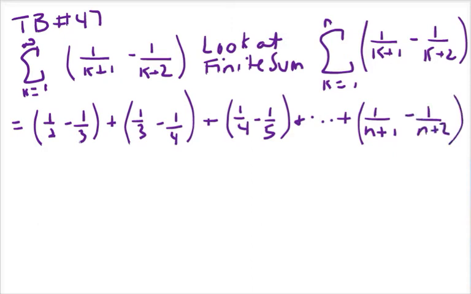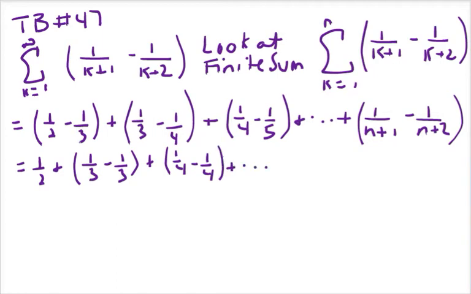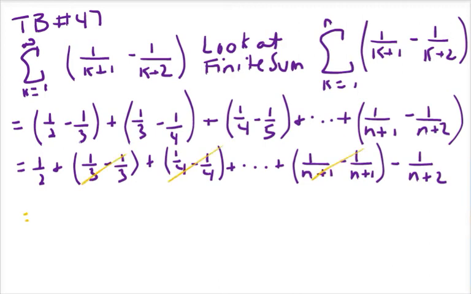So collecting the terms, I can see that the positives and the negatives for the middle part of the series are going to cancel out. And we're going to be left with a leading term and a trailing term. So this boils down to 1/2 minus 1 over n plus 2.